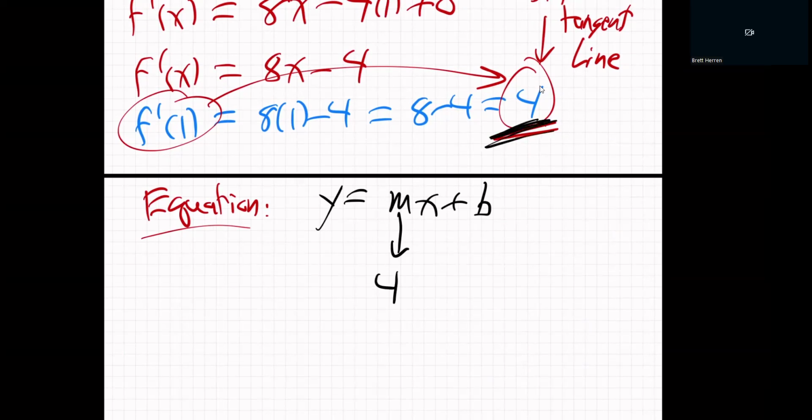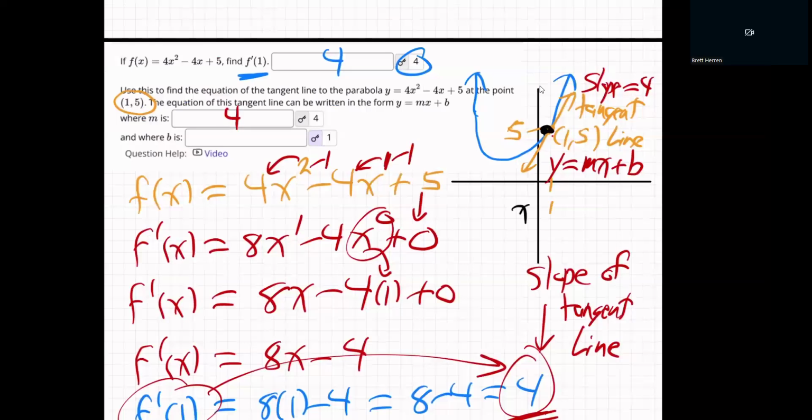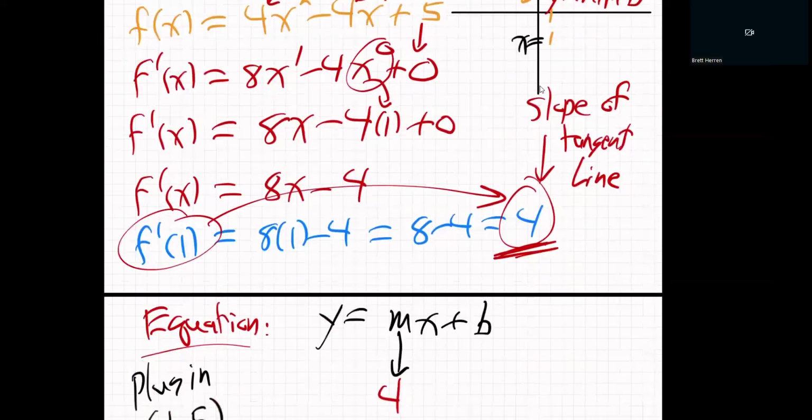And then we plug in the point they gave us, 1, 5, because x is 1, y is 5. That's a point on the line.